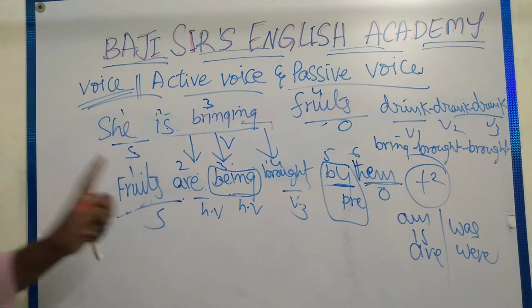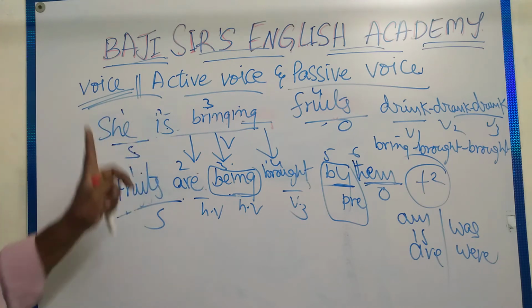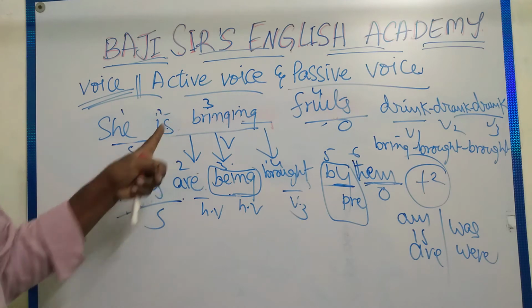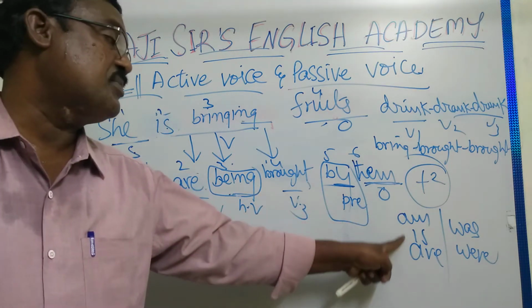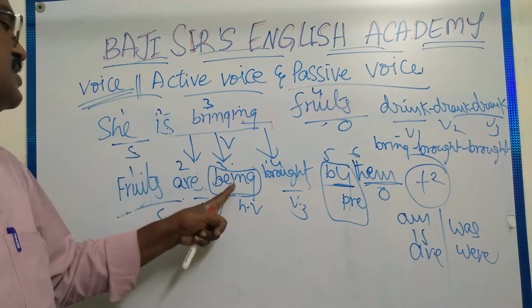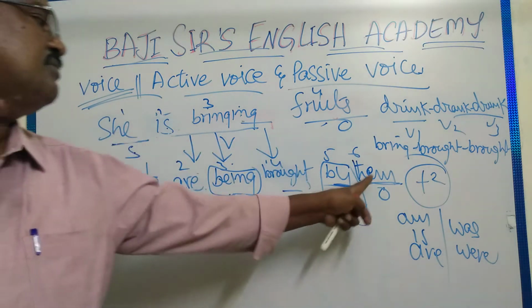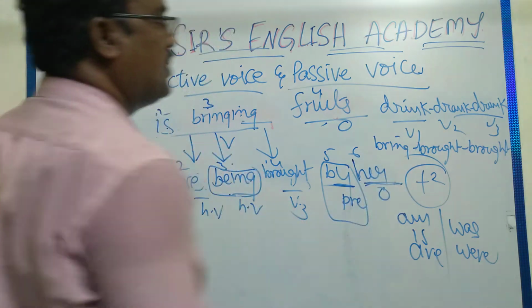Subject-verb agreement should be there. If the subject is singular, the verb should be singular. If the subject is plural, the verb should be plural. Here present tense is there, so in passive voice also the helping verb should be in present tense. See here, present be forms only we have to take. Fruits are being brought, ing form, being. Immediately with V3 form we have to write. Automatically she will become her. By her we have to write.